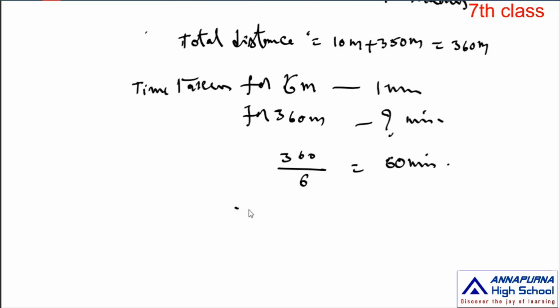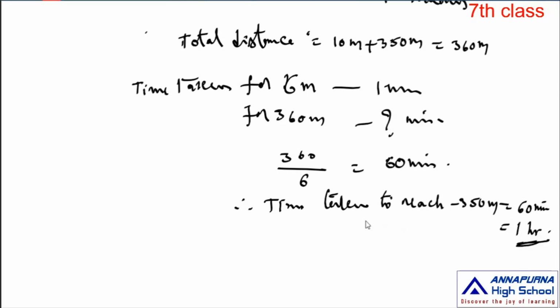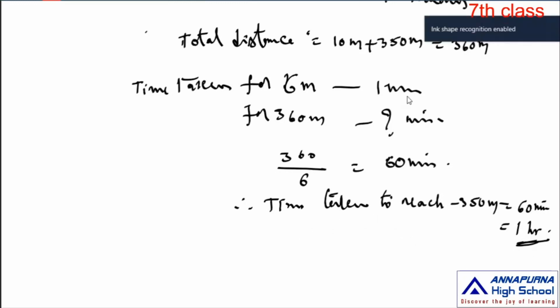So this is the time taken. Therefore, the time taken to reach minus 350 meters is equal to 60 minutes or 1 hour. Okay, students, so this is the first chapter, that is integers. So you had better go through all the videos.